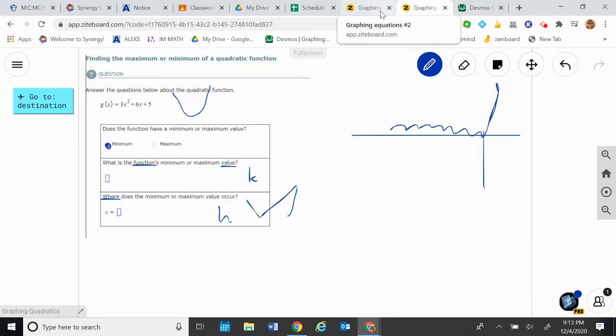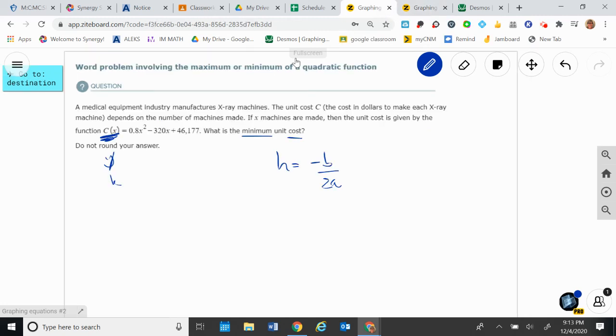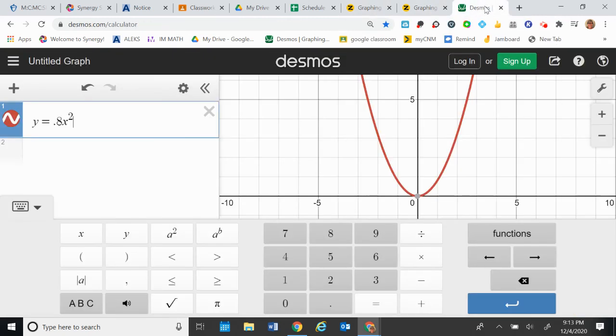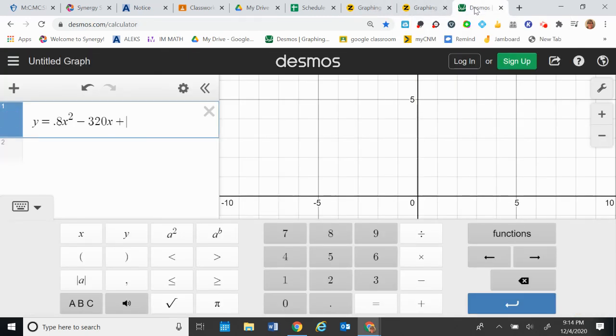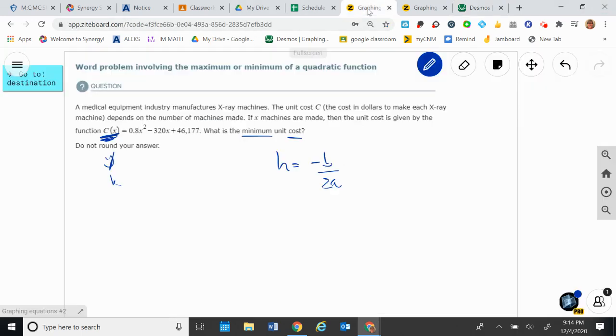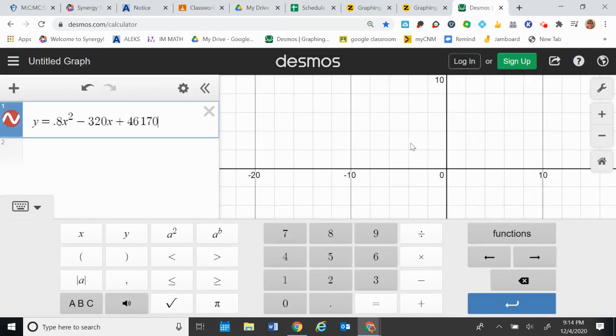Minus 320x, and then, sorry, I have low brain power for memorizing, talking, and doing all this. Plus 46,170. Okay. And, oops, did I put 0.8? Isn't it 0.08? No, it's 0.8.